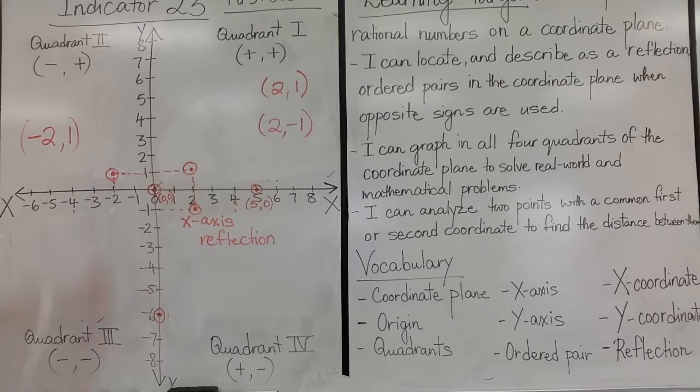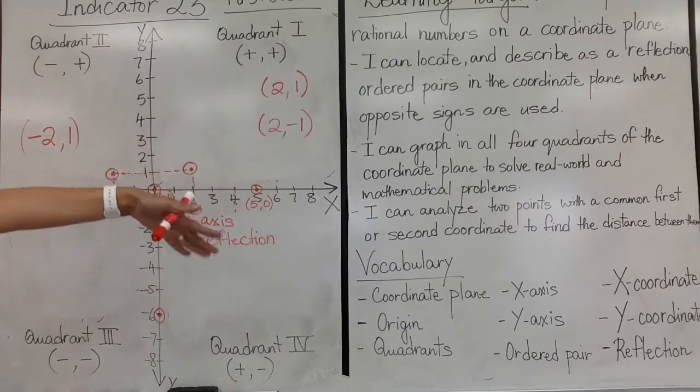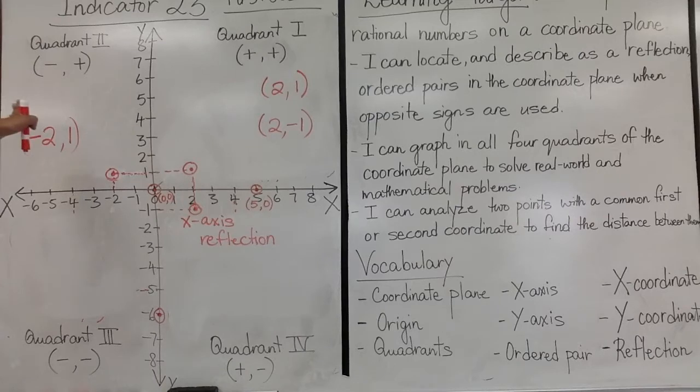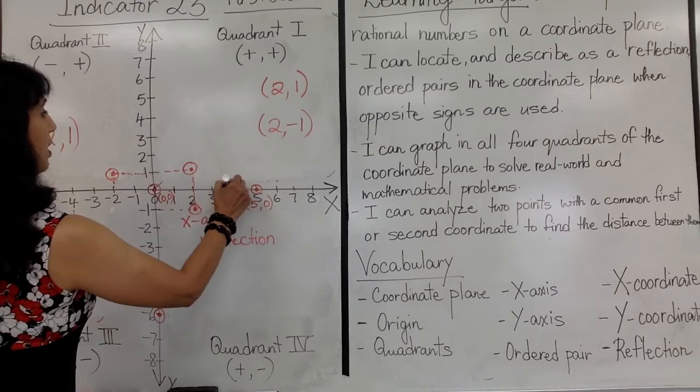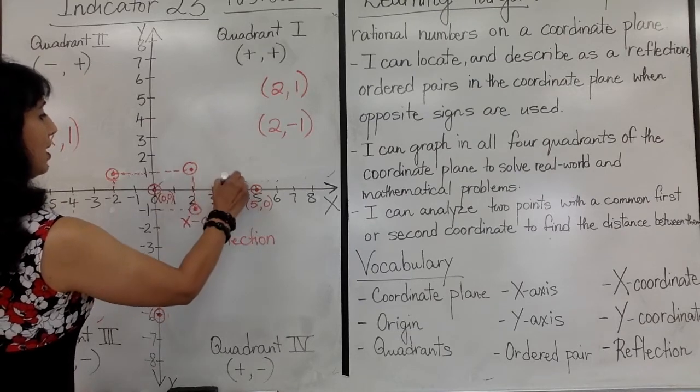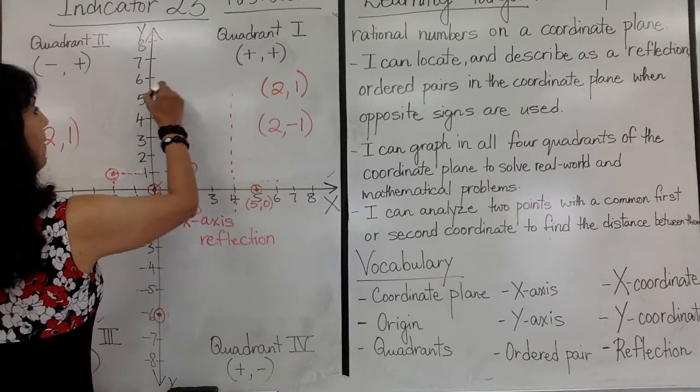And to reflect a point in the y-axis, the y coordinate is going to stay the same. Okay, depends on which side you are reflecting. That side x will stay the same, this side y will stay the same, and then the x coordinate is negated. Okay, so let's go ahead and let's say I give you 4, 5. So if I give you 4, so I go to 4 first on the x, and then I go up.